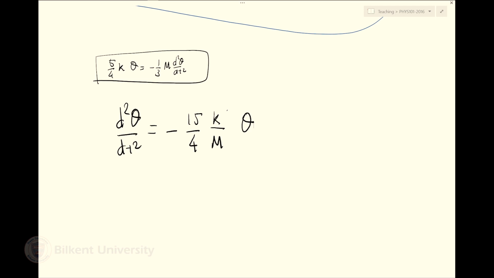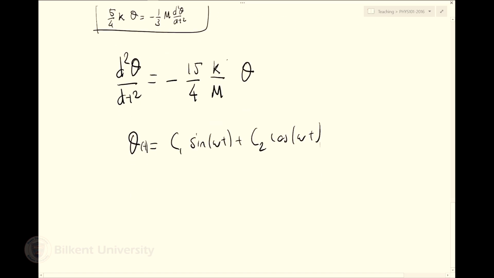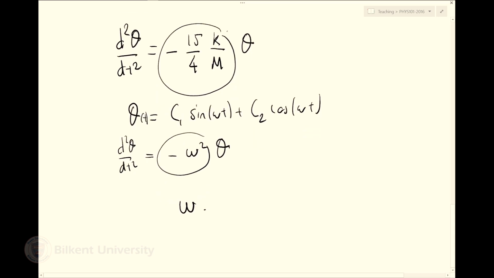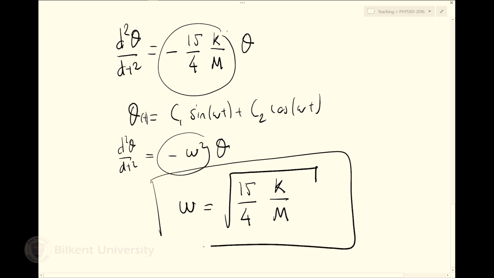And anytime I see an equation like this, I know that the solutions as a function of time are going to be sine omega t and cosine omega t. And taking two derivatives of such a function is multiplying it by minus omega square. So I can read off what omega square is. Omega is square root of 15/4 k over m. All right?